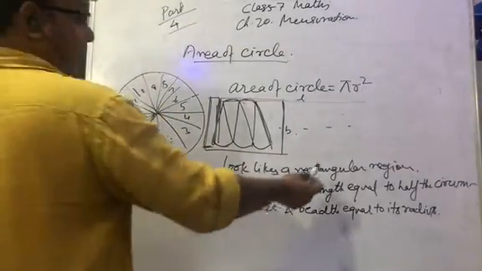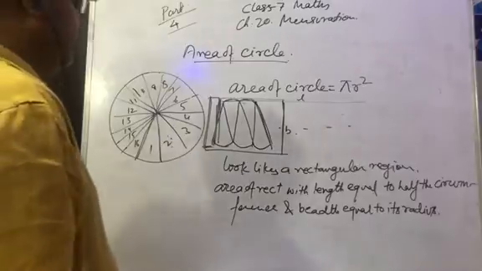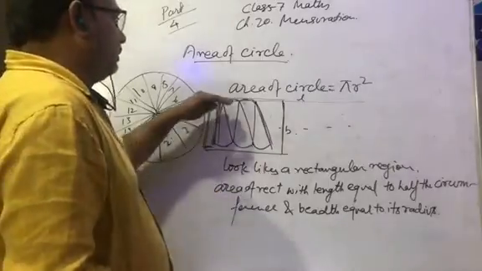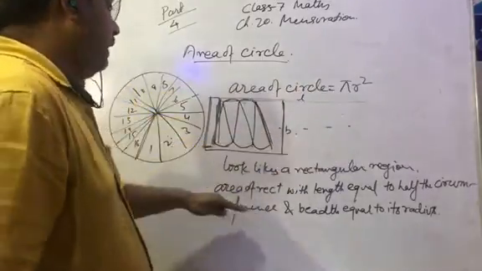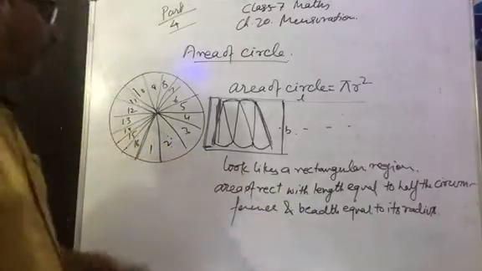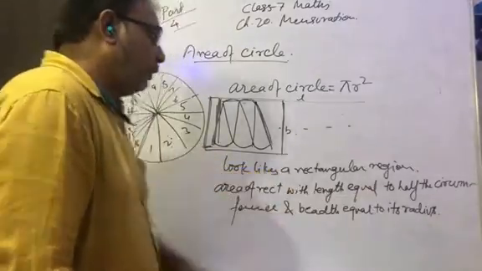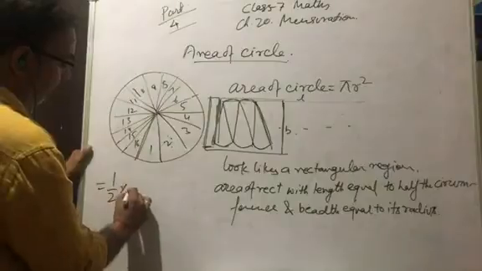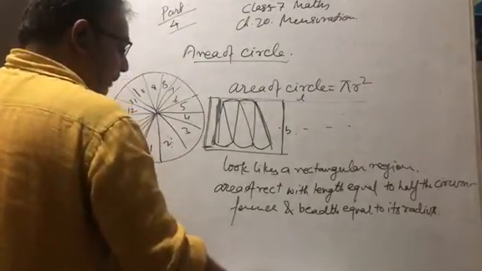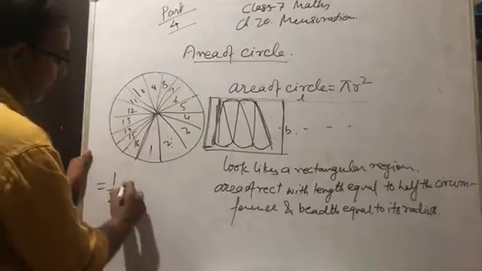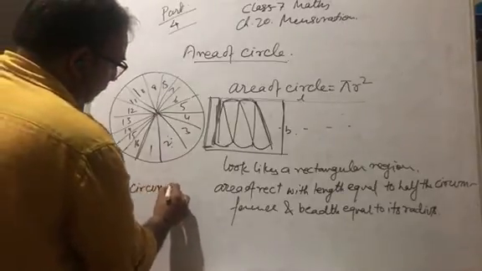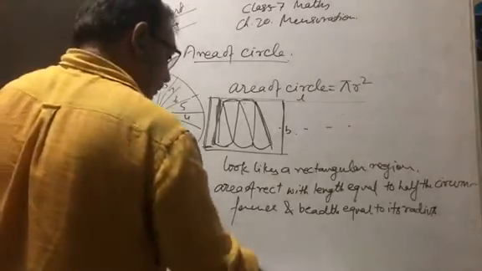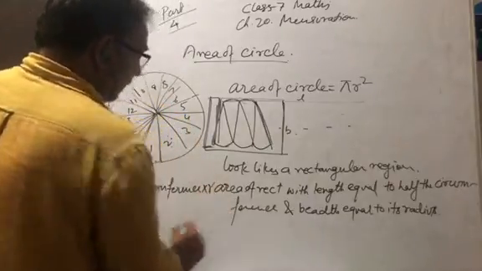So this figure looks like a rectangular region. So the area of the rectangle with length equal to half the circumference, because half the length is used here and half is used here, and breadth equal to its radius, will be half multiplied by the length, or in place of length you can write the circumference, and then multiplied by r.